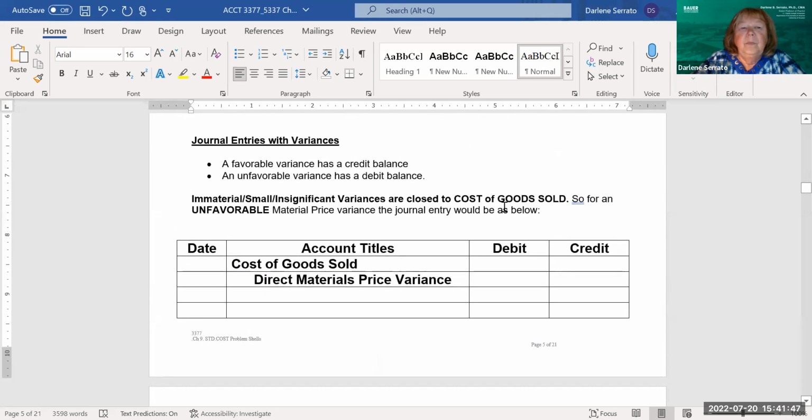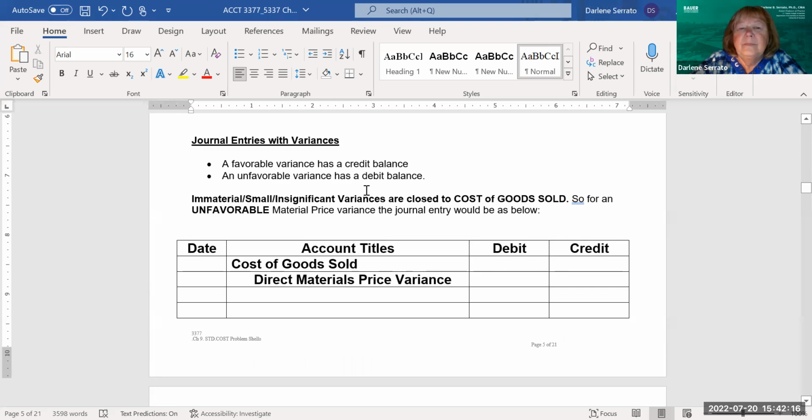So you have to zero out the variances at the end of the accounting period. If it's small or immaterial, you're zeroing it all out to cost of goods sold. A favorable variance has a credit balance, so to zero it out, we're going to have to debit it and credit cost of goods sold.